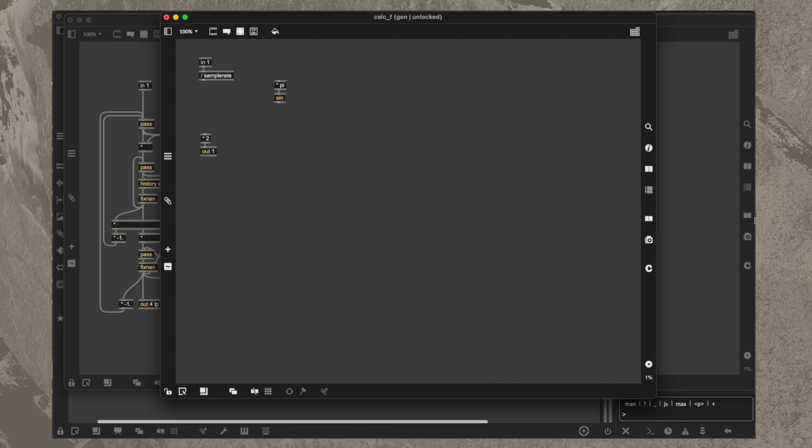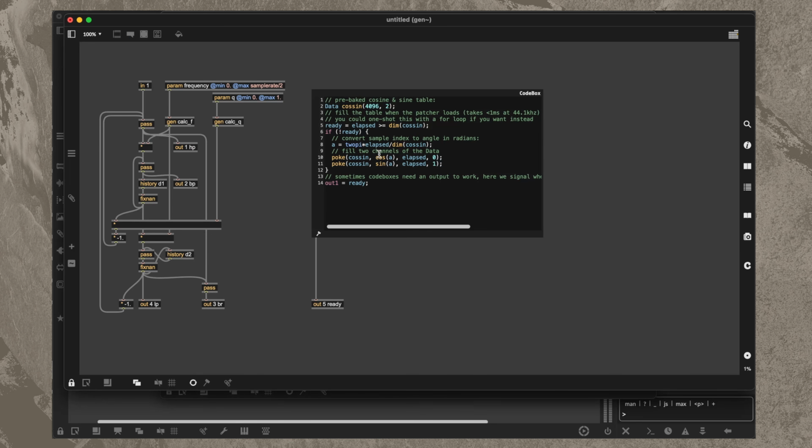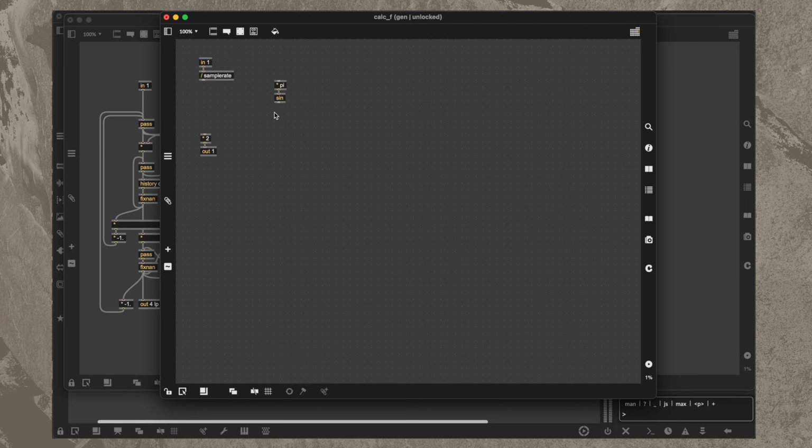Because normally, like if we go back and look at the gen patch, it's times 2 pi. So if I wanted to, I could actually just multiply by pi here, and then have sine and cosine over the range of 0 to pi in the buffer. But I'll leave it how it is. And instead, I'll just divide by 2 here. Or perhaps a bit better, I'll multiply by 0.5.